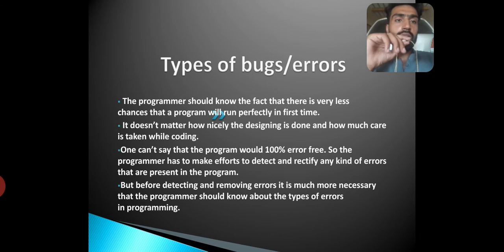So the programmer has to make efforts to detect and rectify any kind of errors that are present in the program. But before detecting and removing errors, it is necessary that the programmer should know about the types of errors in programming.